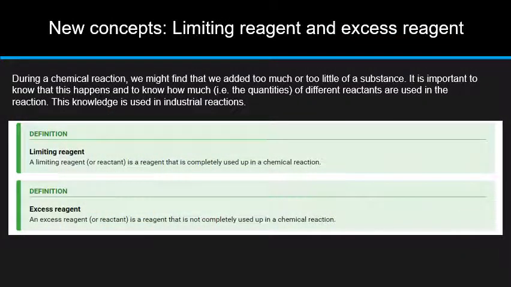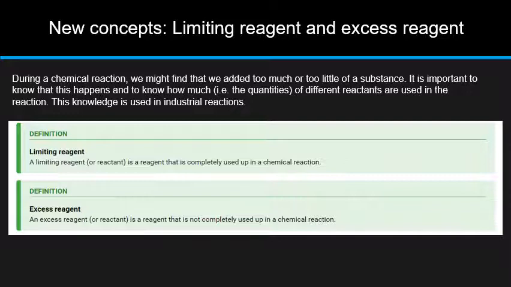Okay, so grade 10s, there are 2 new concepts I want to introduce you to. I don't want you to stress too much about these 2 new concepts because in grade 11 we go into a lot more detail regarding this for stoichiometry. These 2 are limiting reagent and excess reagent. And what are these 2? These 2 are 2 sides to a coin.